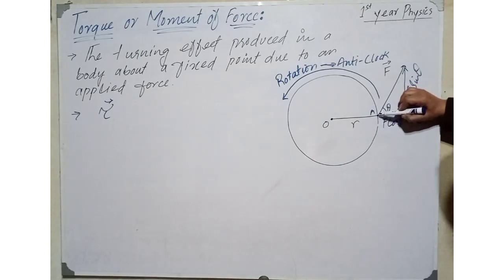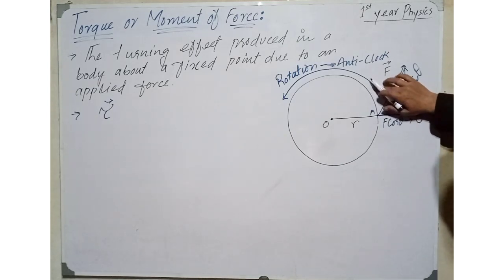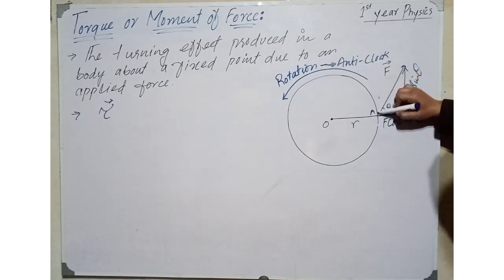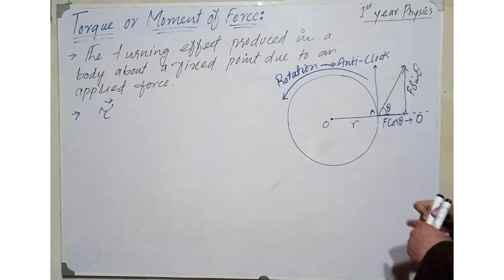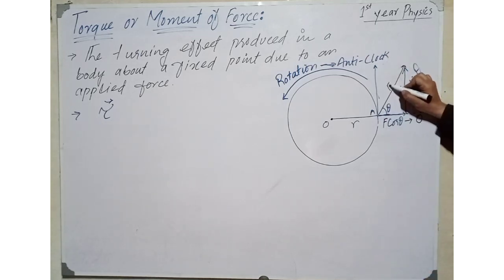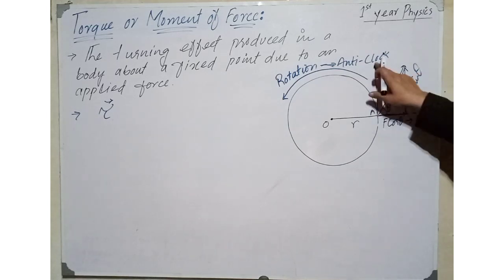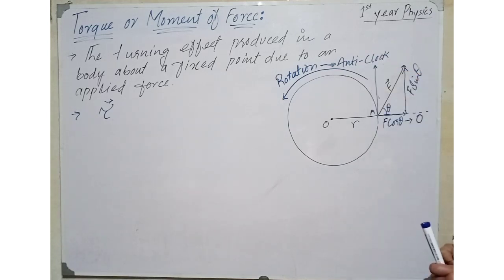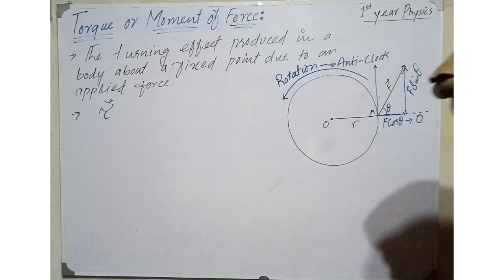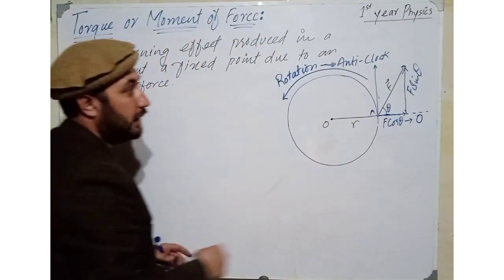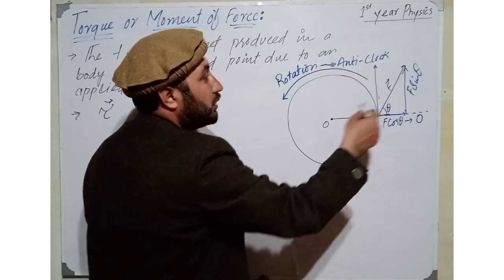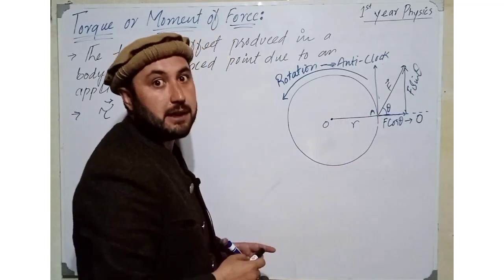So let me draw this over here. This is the force responsible for producing rotation. This was the net force, and the effective force is this one, the perpendicular component of the force. From here we can see that the reason why we have rotation is F sin theta, the perpendicular component.